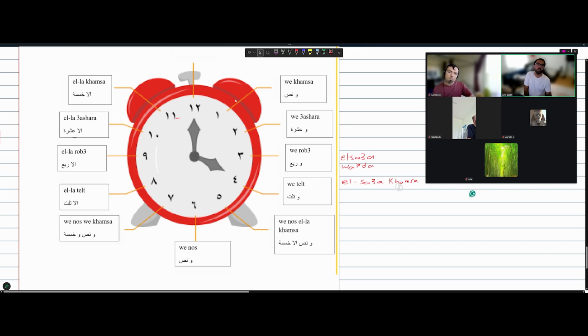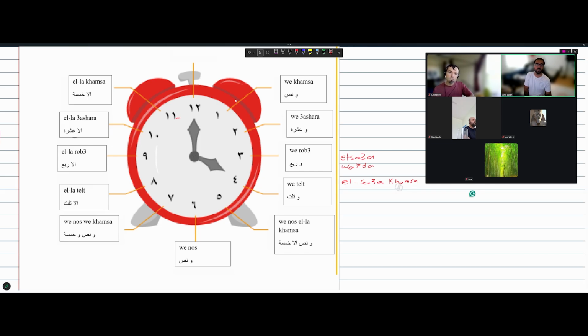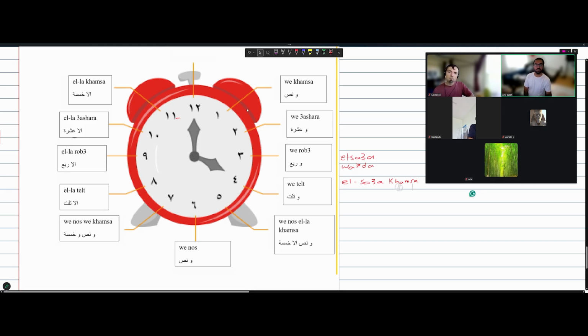So واحدة وخمسة, 1 and 5. So الساعة واحدة وخمسة. The hour is 1 and 5, so 1 hour, 5 minutes. If you move to 10, you remove the خمسة and add 10. It's و10.